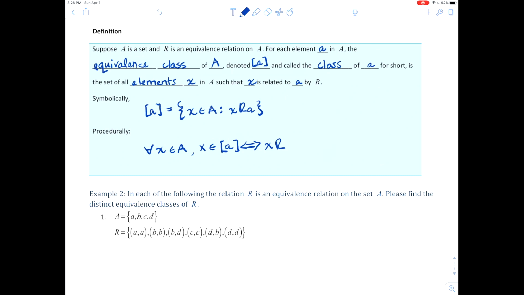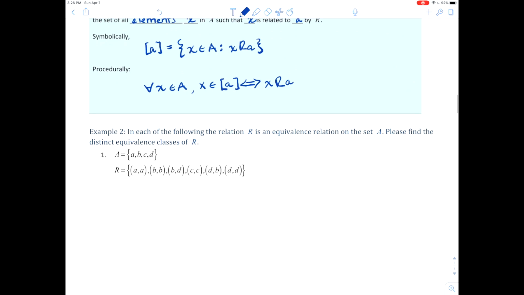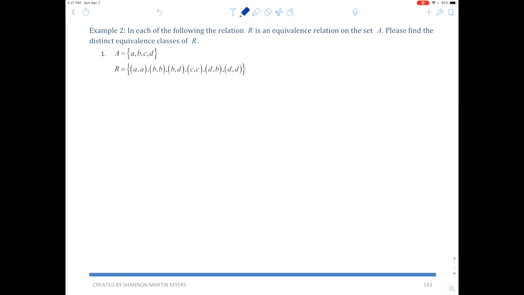Groovy? Okay, so hold on to your seats here. This one is going to start to get a little bit crazy, but if you just follow through on these simpler examples, like this one, which believe it or not will be relatively simple, then I think you'll be fine.